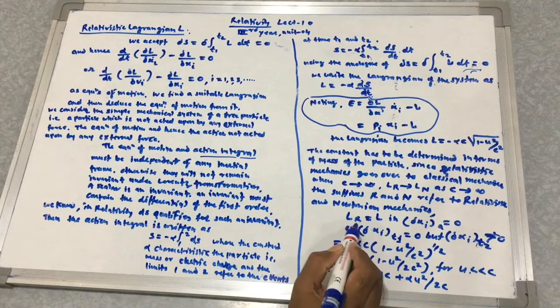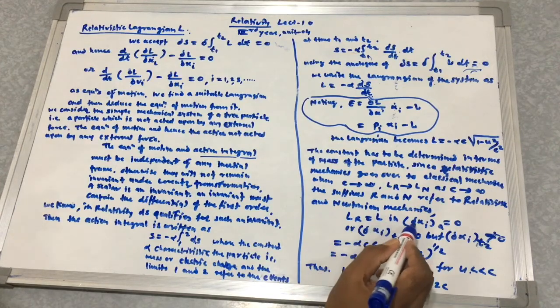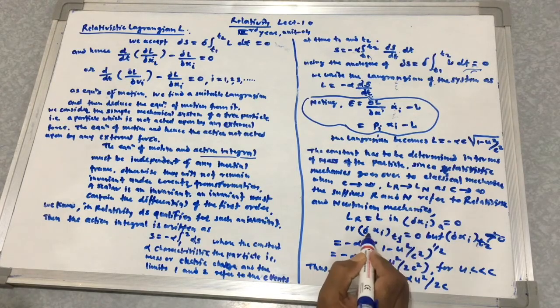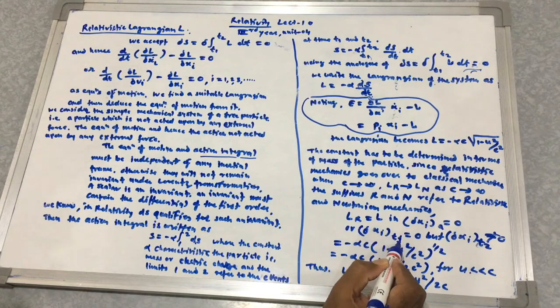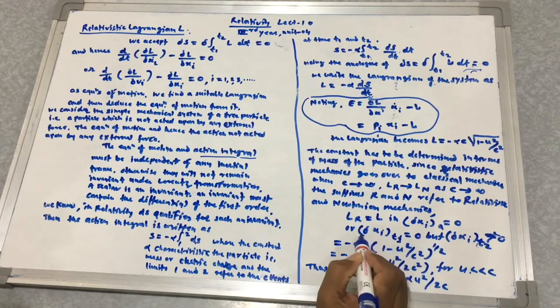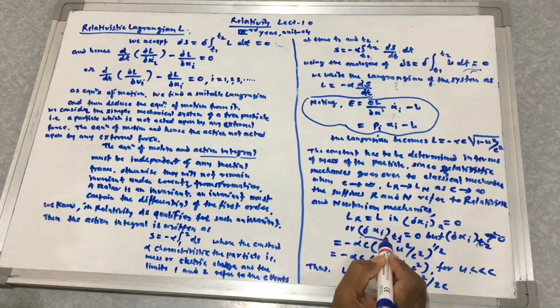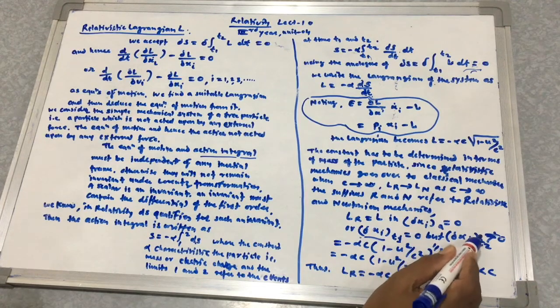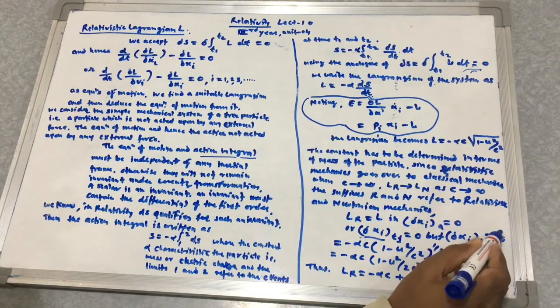Here we write delta x i at t1 is equal to 0, but delta x i at t2 is not 0.